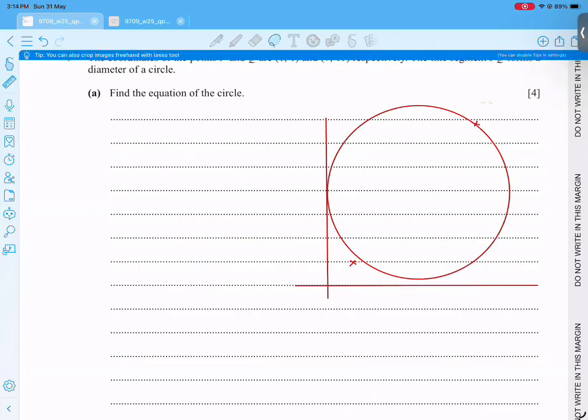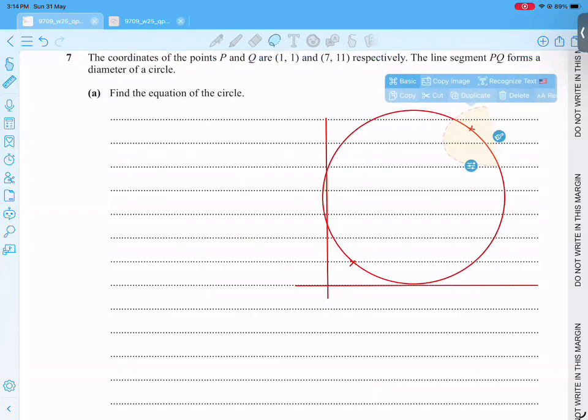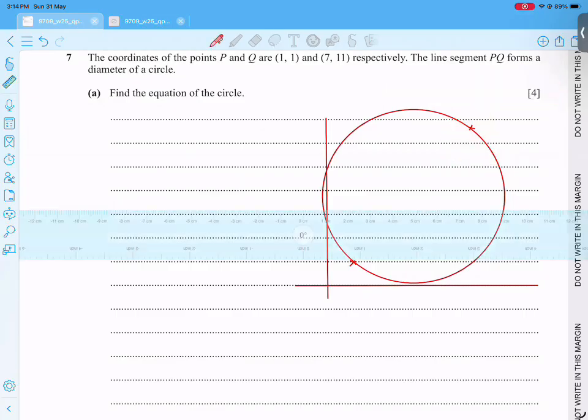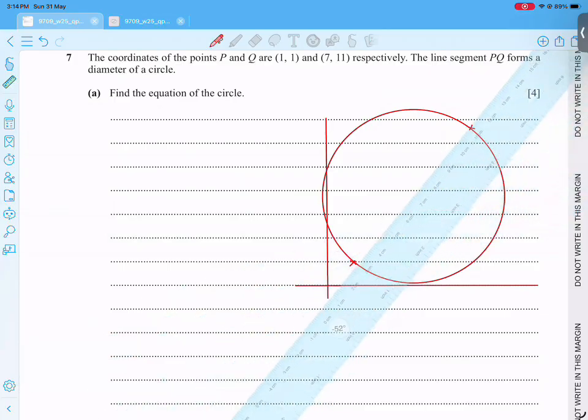This is done, and now I'm going to make a diameter.